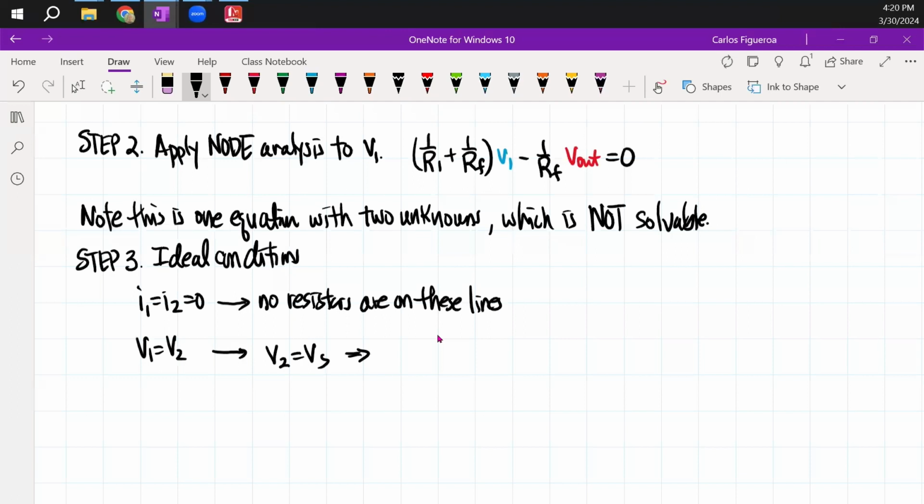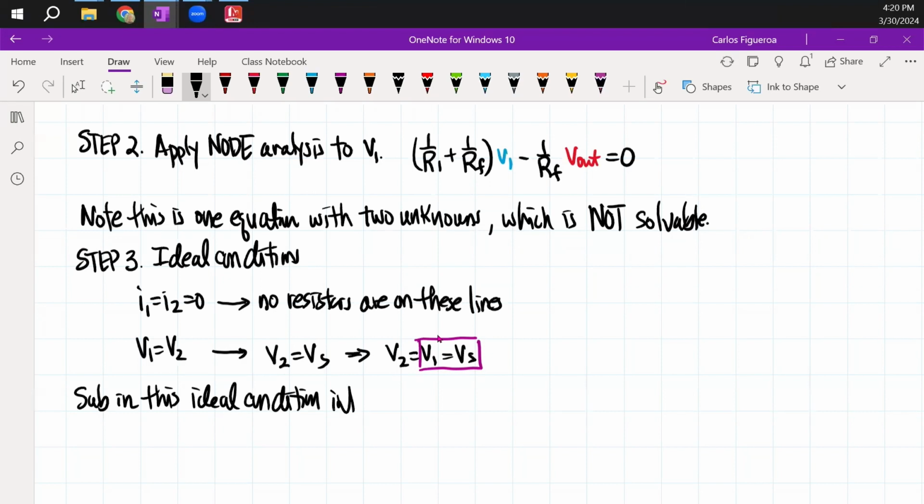So that tells me then, because V2 and V1 are the same, that V1 must be the same as the source. Now I'm going to substitute this ideal condition on the voltages into the node equation that we just derived.